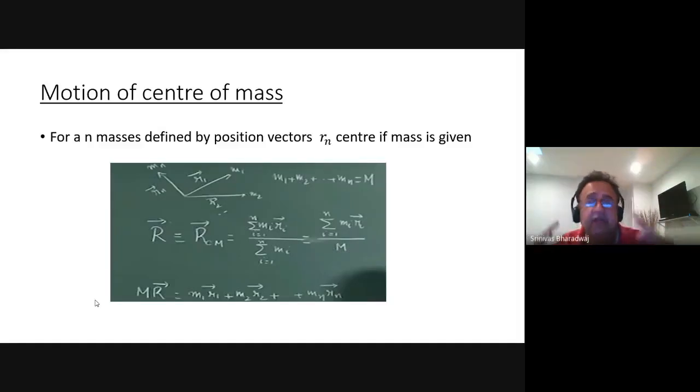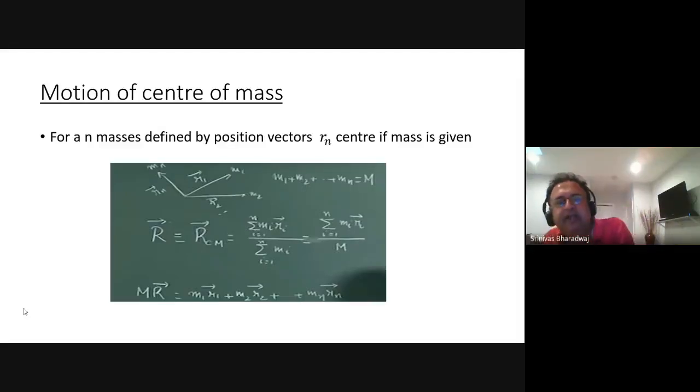If there is no external force, the net dR_cm by dt is going to be conserved. Now what he is doing is he is taking the M and moving it to the other side. Therefore, he has M R equals sigma m_i r_i, right? So now when he differentiates, he gets M times dR_cm by dt. That is the M v of the center of mass.